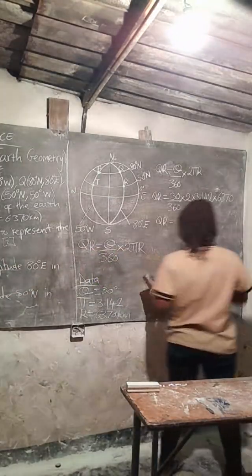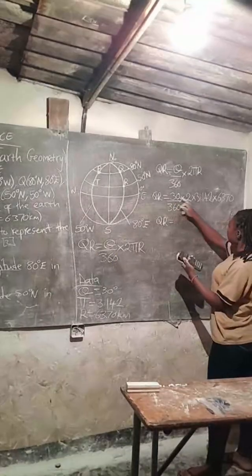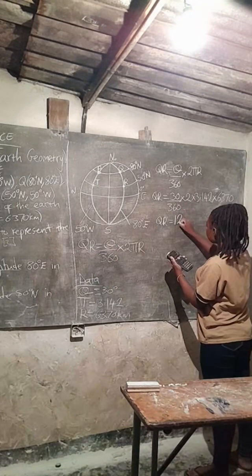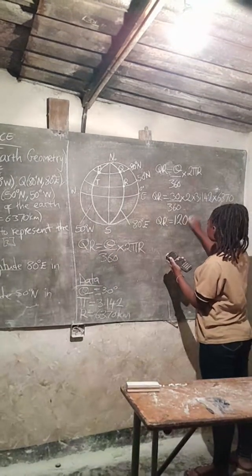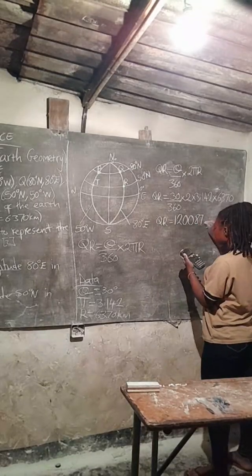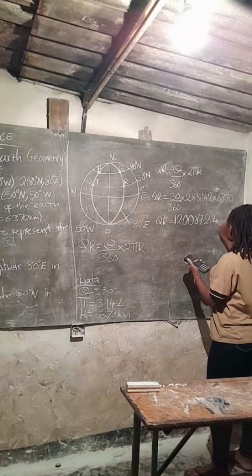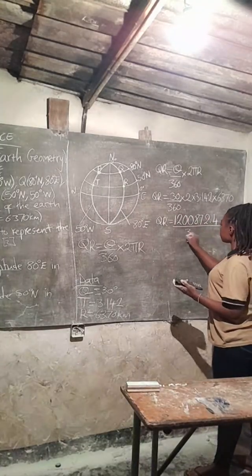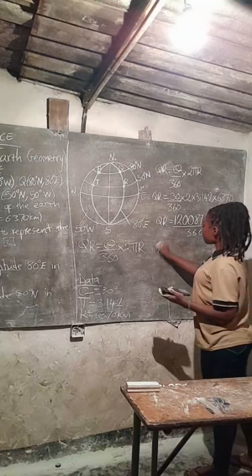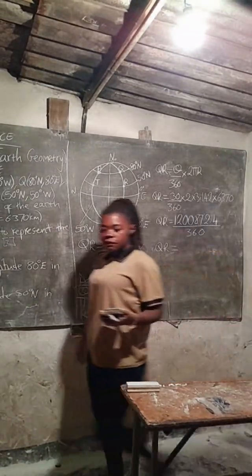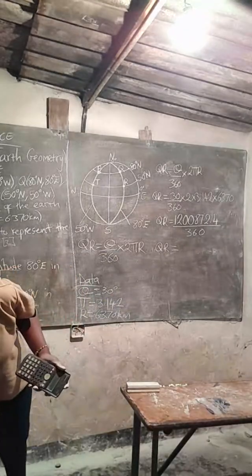So for me, after I punch this on the calculator, it's giving me 120872.4. Then we divide that by what? 360. And we say QR is equal to, so have we found the same figure, the same top figure?